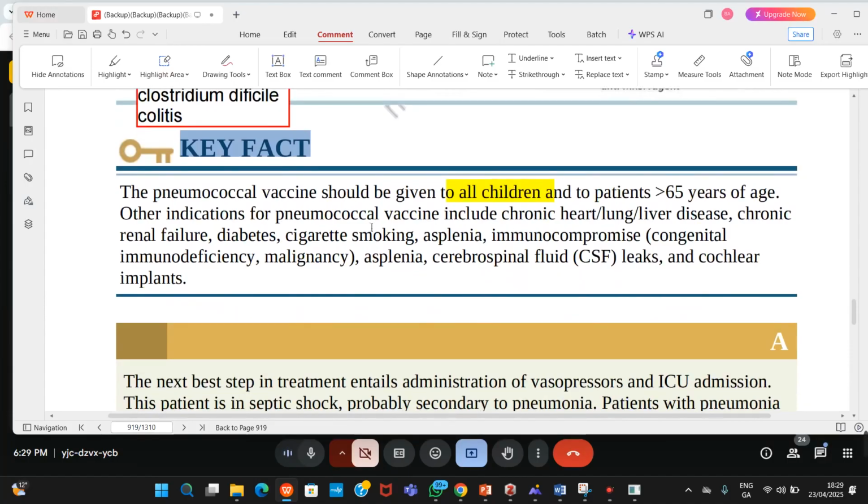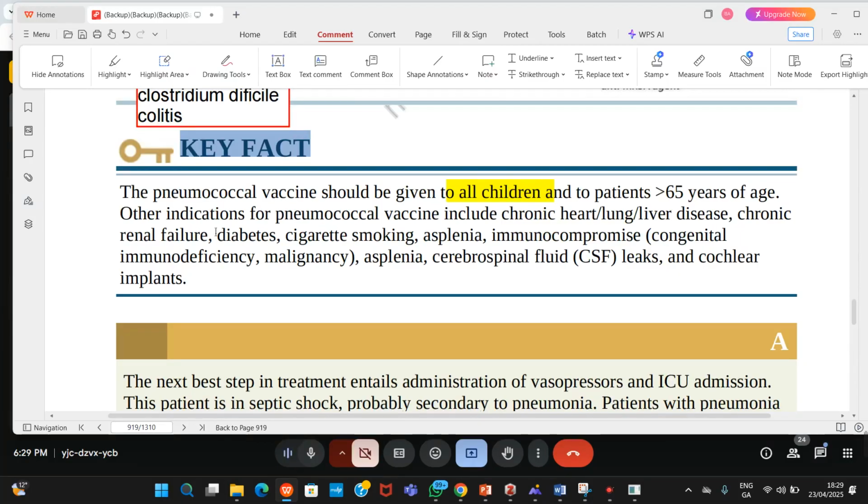Sorry, I said pseudomonas; I mean anti-pneumococcal protection should be given in the form of vaccination to anybody more than 65 years. So once you are more than 65 years, you need to take the pneumococcal vaccine, and all children too, especially if they are less than 5 years.